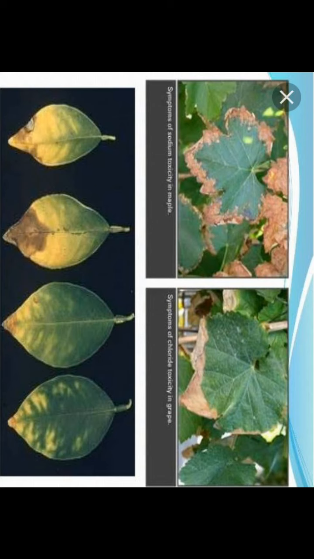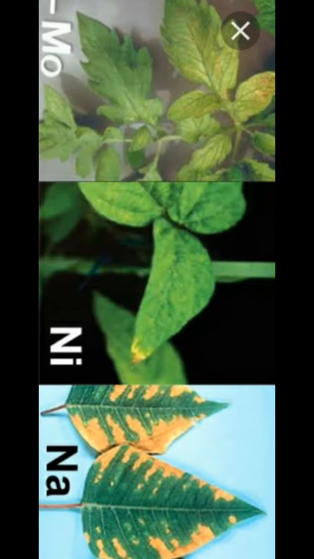So students, now symptoms of sodium toxicity in maple leaf and symptoms of chloride toxicity in grape leaf. So different elements show different symptoms of toxicity in different ranges. Is it clear? Hope this concept is clear.